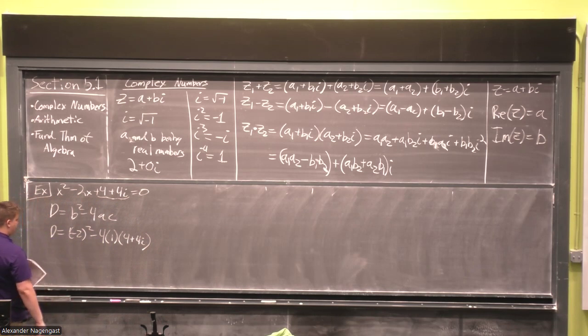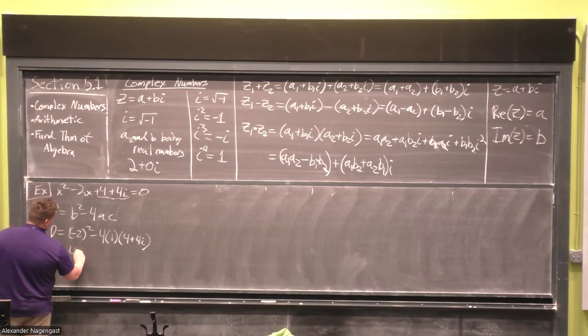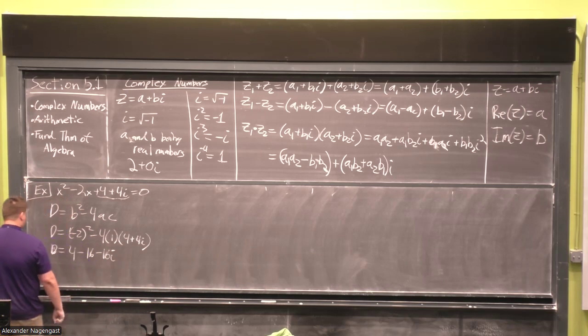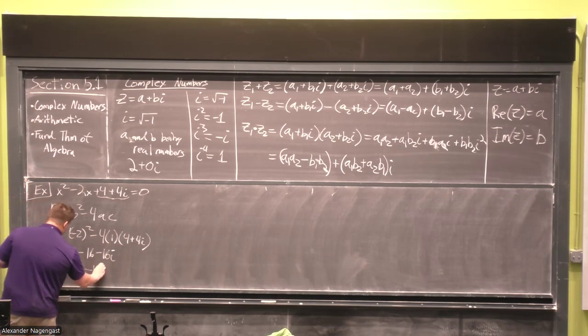Now, when we take this, we get d equaling 4 minus 16 minus 16i, which simplifies to d being equal to -12 minus 16i.